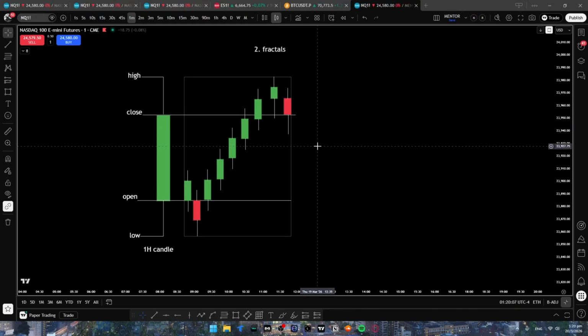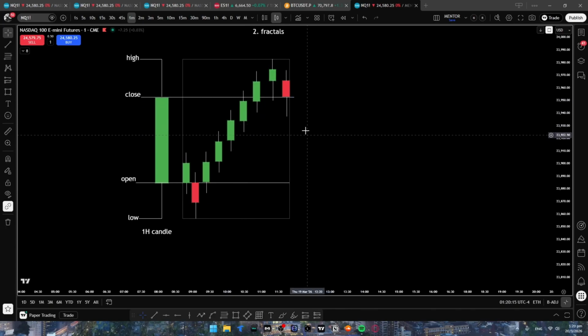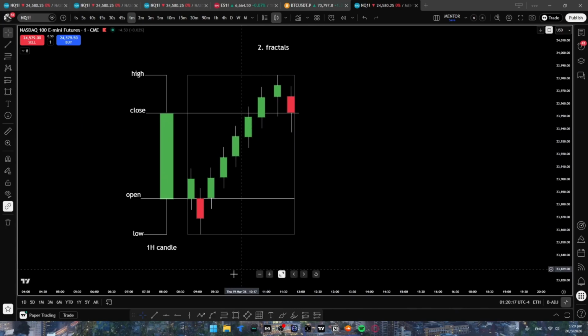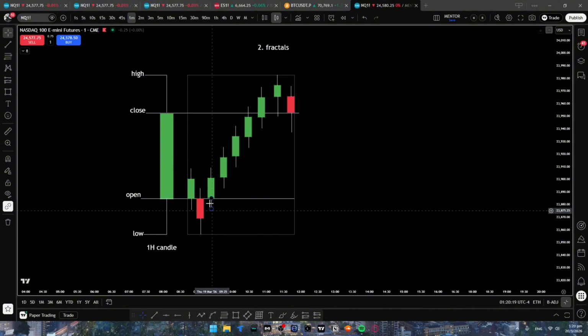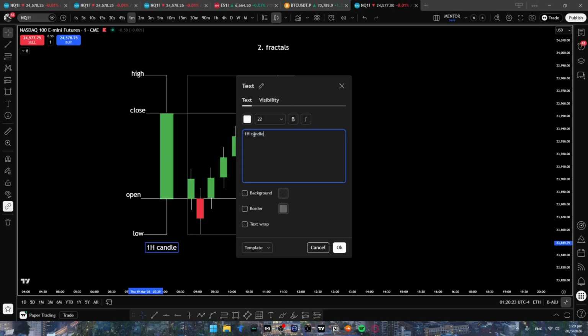So likewise, these are 1, 2, 3, 4, 5, 6, 7, 8, 9. Actually, I should draw 2 more candles, but let's just see. These are lower time frame candles, right? And this is a high time frame candle. Let's call it the higher time frame big candle.